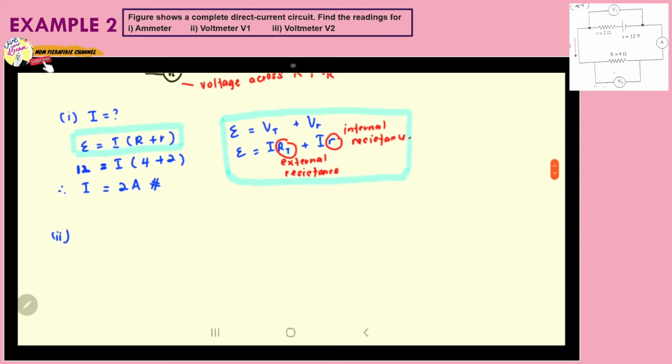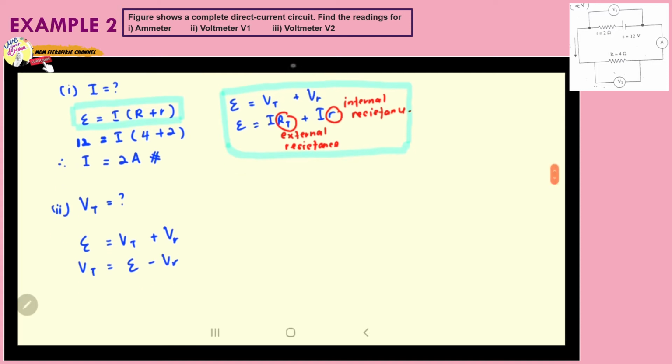So we want to calculate the terminal voltage of the circuit. Therefore, let's write: EMF is equal to terminal voltage plus voltage across internal resistance. So VT is equal to EMF minus the voltage across internal resistance.